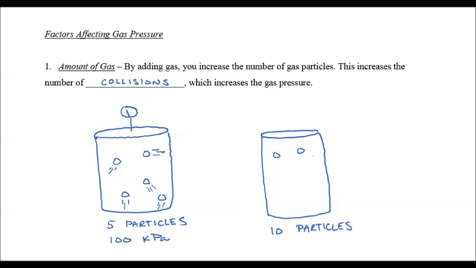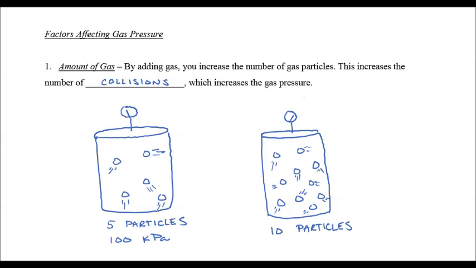So 1, 2, 3, 8, 9, 10. And each of these particles traveling around all different directions, colliding with the side of the container, with each other. Because there are 10 particles, the gas gauge will read a higher pressure.